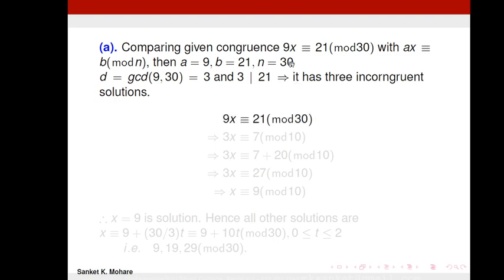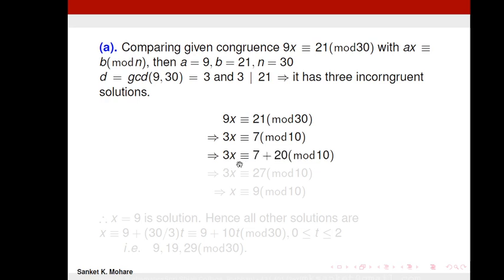So first we find a particular solution. So let's proceed to find a particular solution. 9x is congruent to 21 mod 30. Dividing on both sides by 3, we obtain 3x is congruent to 7 mod 10. Now here 3 does not divide 7, so we add multiples of 10 until 3 divides the sum.